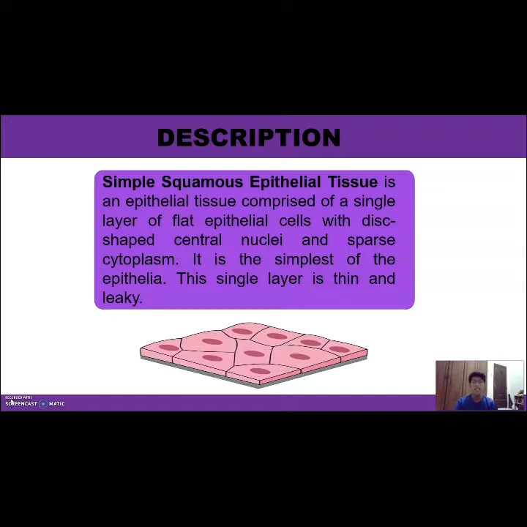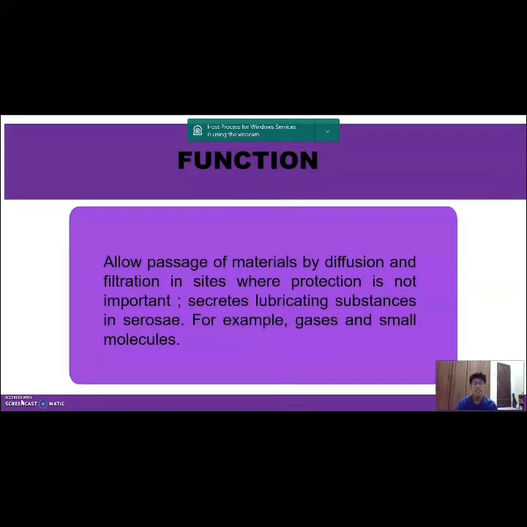This single layer is thin and leaky. The function of simple squamous epithelium is to allow passage of materials by diffusion and filtration in sites where protection is not important. It also secretes lubricating substances in serosae, for example, gases and small molecules.